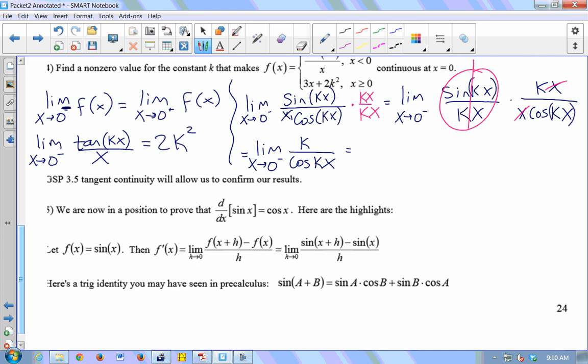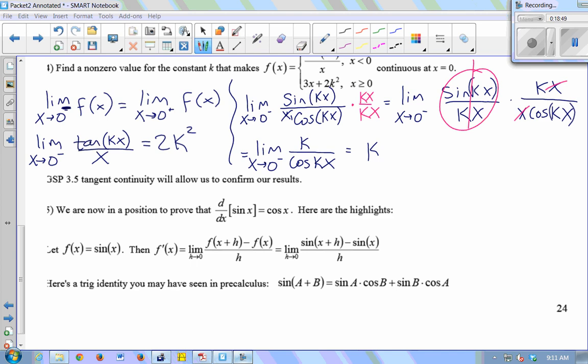Yeah, then the cosine of kx would be equal to 1. Okay, so when I plug in a 0, I'm taking the cosine of 0, and that's a 1. So this becomes k over 1, or just k, right?